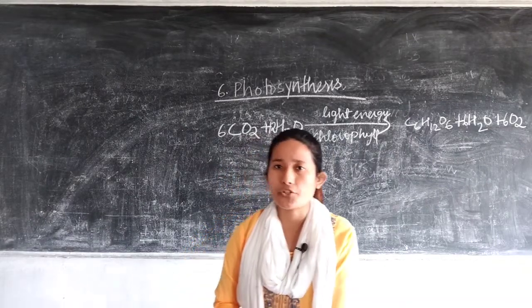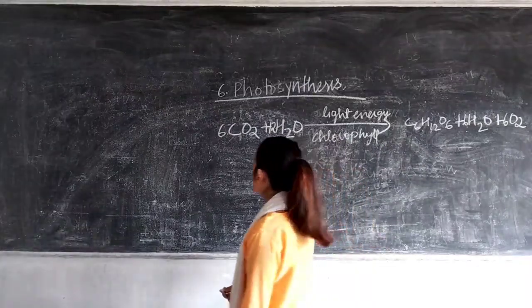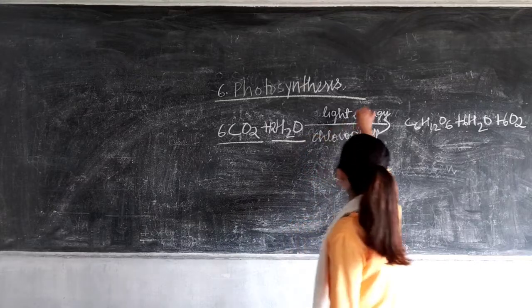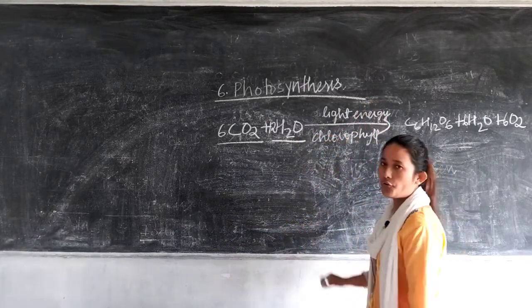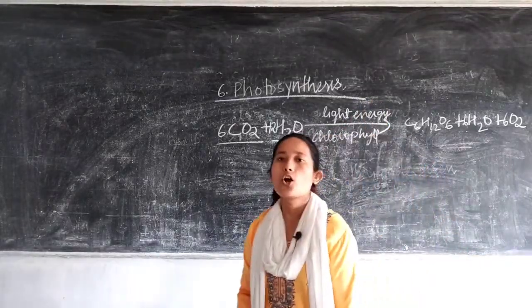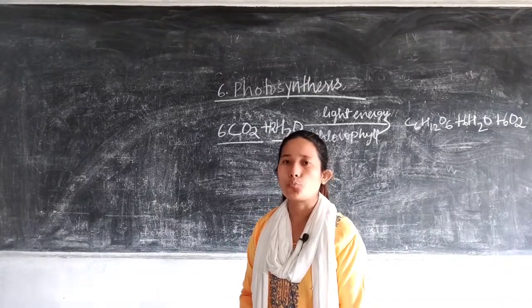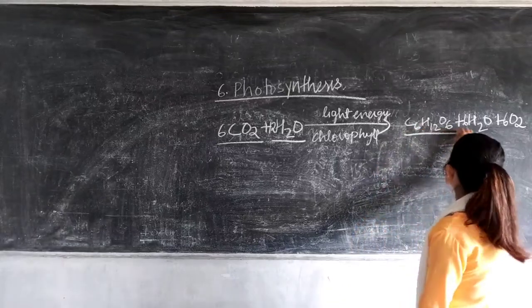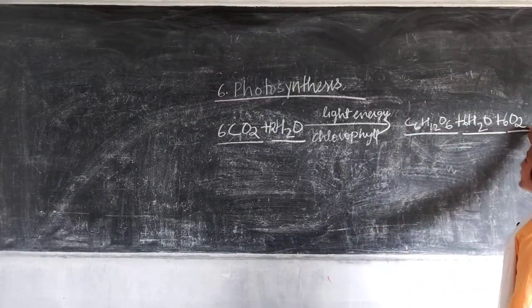So what are the raw materials that are required for preparation of food? Carbon dioxide, water, sunlight and chlorophyll. These are the raw materials which are required by the plants to prepare food. And what is the product that is being formed? Glucose, water and oxygen.